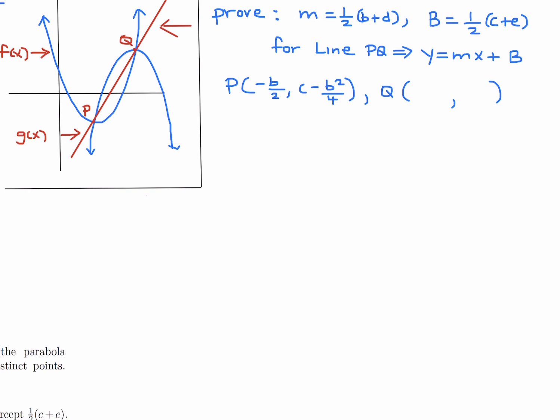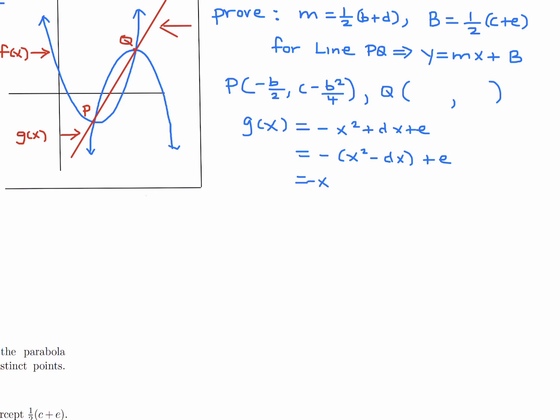So what was the equation for g of x? If you recall, it was minus x squared plus dx plus e. And first let's factor out the minus 1. That gives me x squared minus dx plus e.